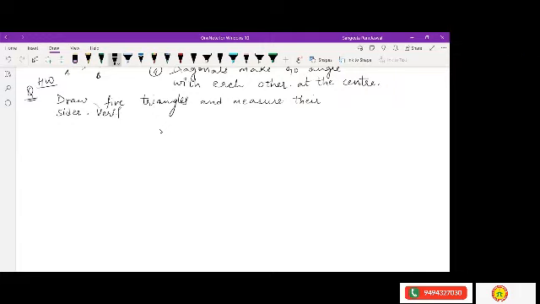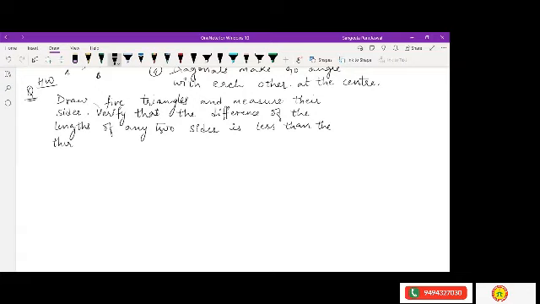Verify that the difference of the lengths of any two sides is less than the third side.